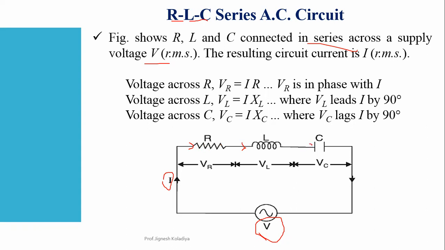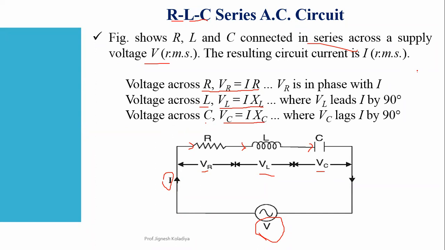When current passes through these elements, the voltage drop produced across resistance is VR, across inductor is VL, and across capacitor is VC. So voltage across R is VR equal to I into R. Voltage across L is VL equal to I into XL. And voltage across C is VC equal to I into XC.